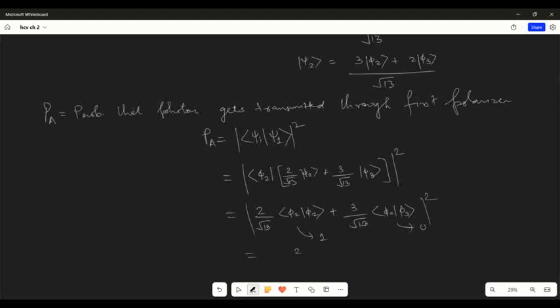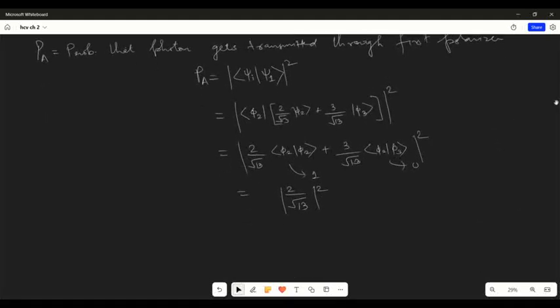So 2 by root 13 mod square, and so PA, the probability that the photon gets transmitted through the first polarizer, comes out to be 4 by 13.